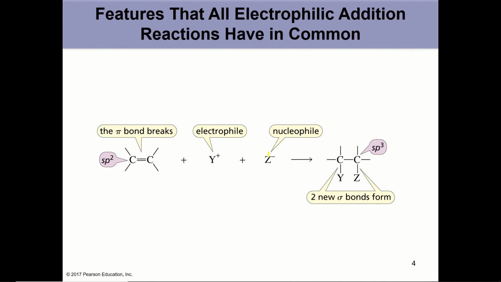And the electrophile and the second nucleophile are not necessarily in the same step of the reaction. In fact, they usually are not. So there's going to be an electrophile and a pi bond that breaks in the first step, and a nucleophile in the second step of the reaction. We're going to have two new sigma bonds. One of the new bonds will be to a nucleophile, and one of the new bonds will be to an electrophile.